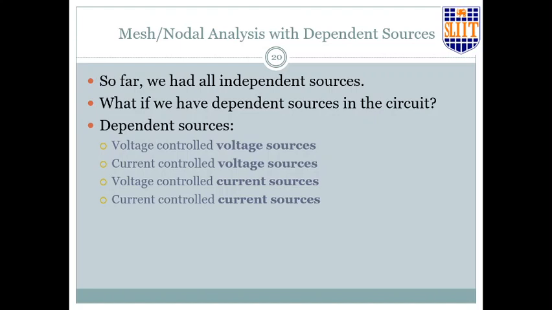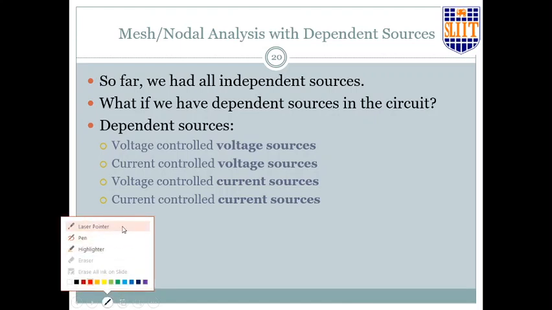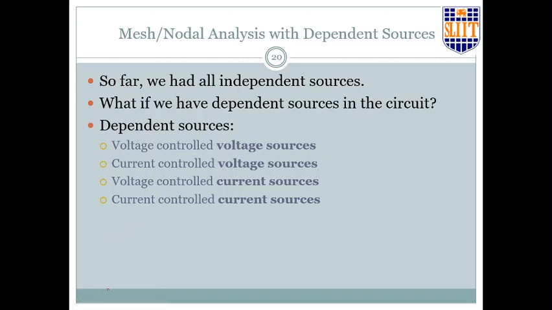Now, what are known as dependent sources? We have actually 4 categories of sources. If it is a voltage source, some other current or voltage controls the voltage of that particular voltage source, in which case it can become a voltage controlled voltage source or a current controlled voltage source.